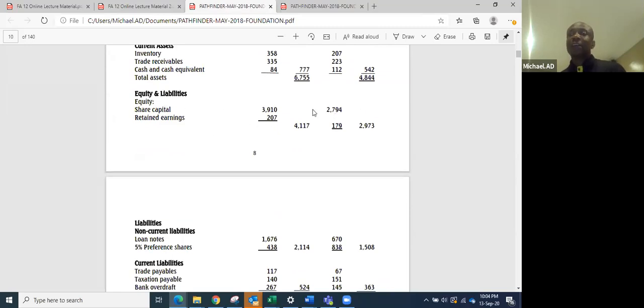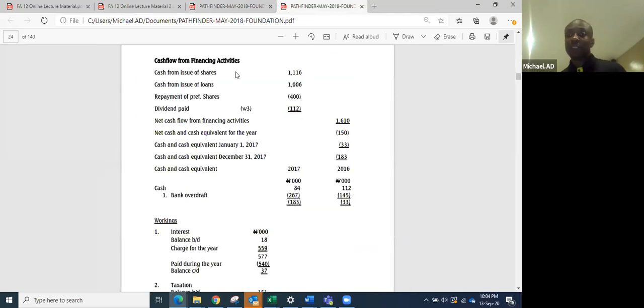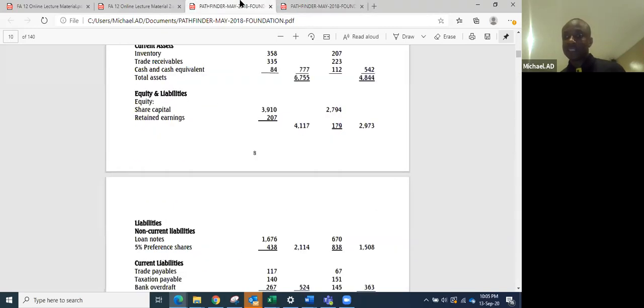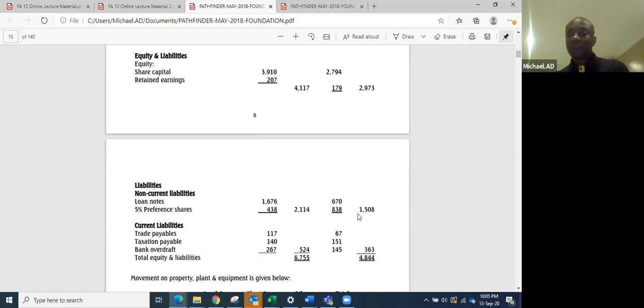Share capital was 2,794 before, but it increases. So the difference between this and this is our issued share capital of 1,116 naira, because more money has come in. Let's look at our loan.